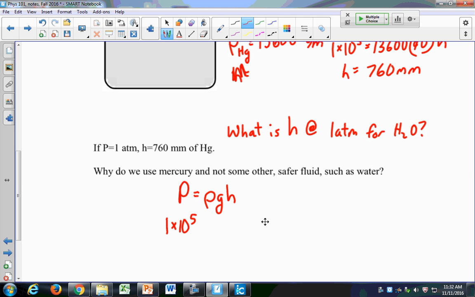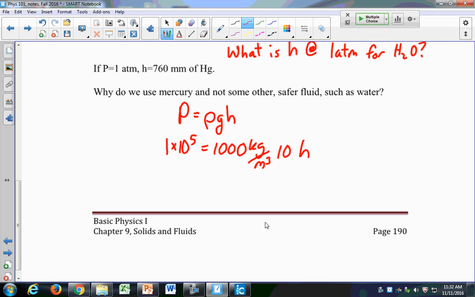Right, so if you were to build a barometer, then the height at 1 atmosphere would be equal to 10 meters. This is going to be 1,000 kilograms per cubic meter. G is 10, and then you solve for H. And H then is equal to 10 meters.